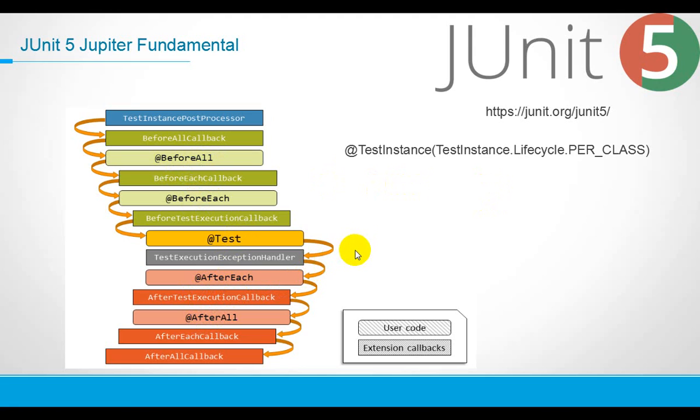Additionally, as shown in this figure, JUnit 5 provides lots of callbacks and handlers. Those callbacks and handlers will be invoked when some event occurs. For example, when the test class instance completes the initialization work, the TestInstancePostProcessor interface will be triggered.